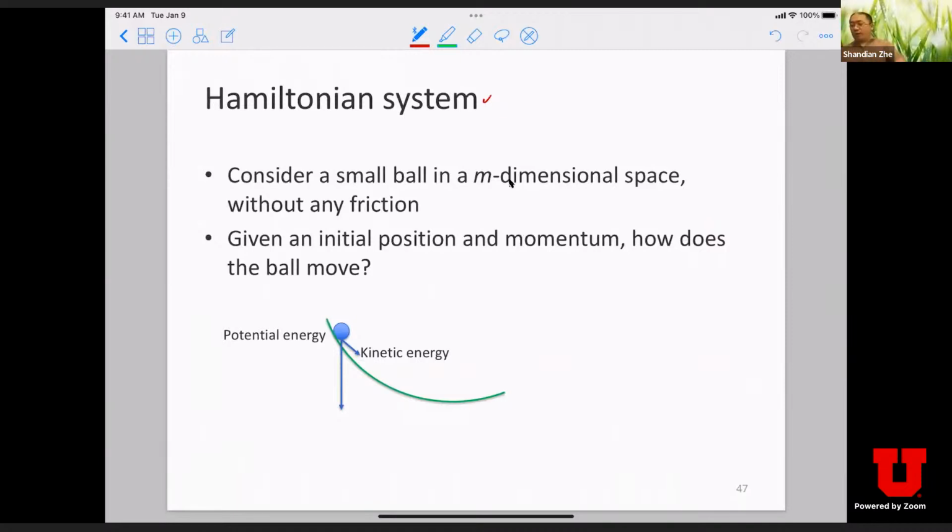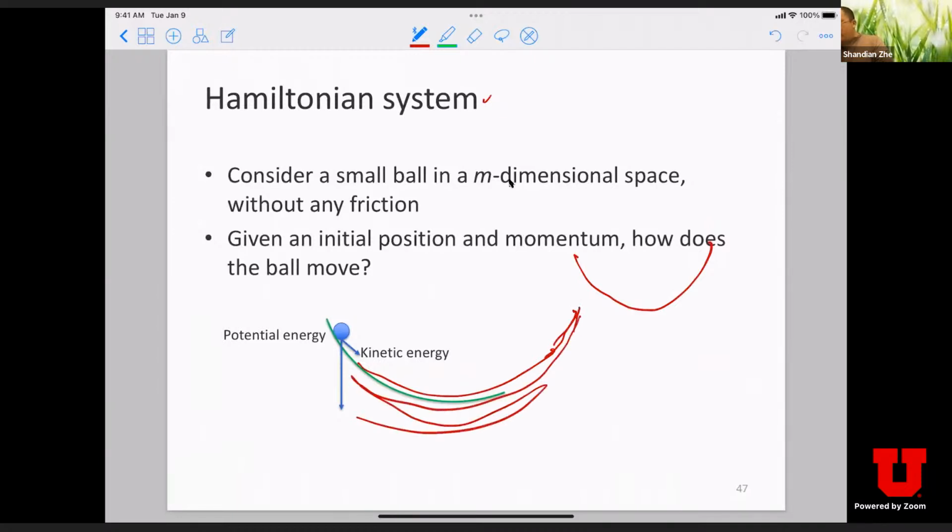Yeah, it's just floating, right? It just moves along the edge of this big bowl. So it moves here, reaches another high position, goes down, and here and here and here, and oscillates, right?